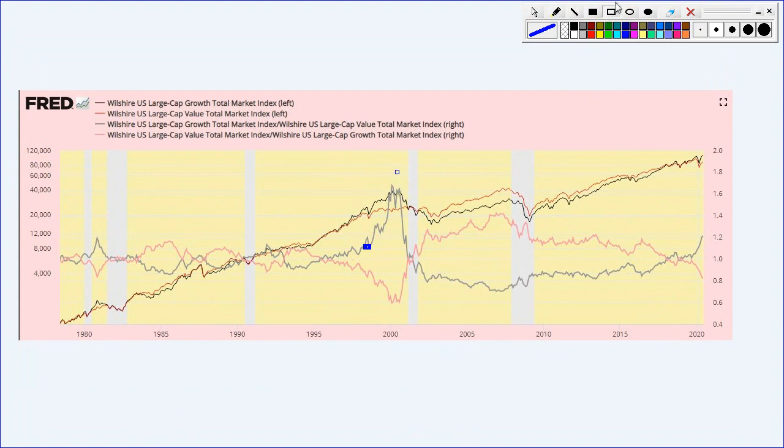We could get a little top like that. That would be quite incredible. That would probably take the S&P to 4,000. But that's where the money could come from, as I expressed over here.